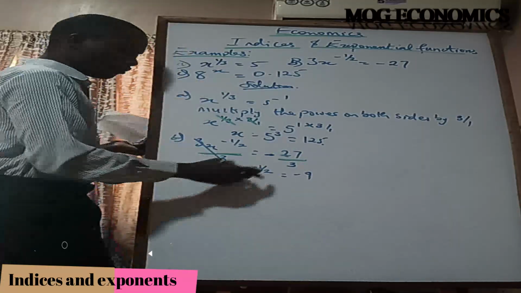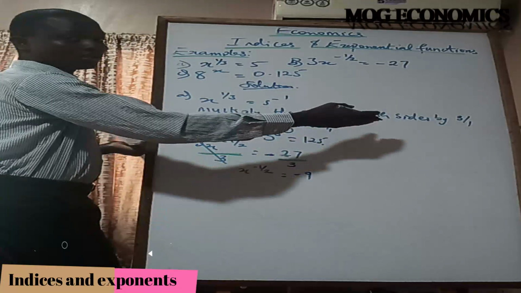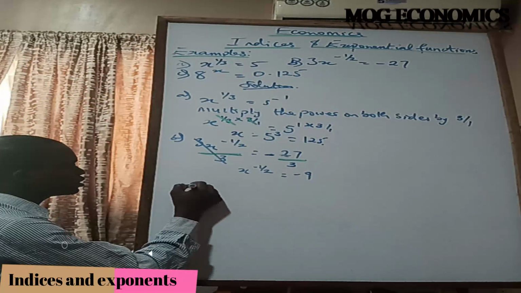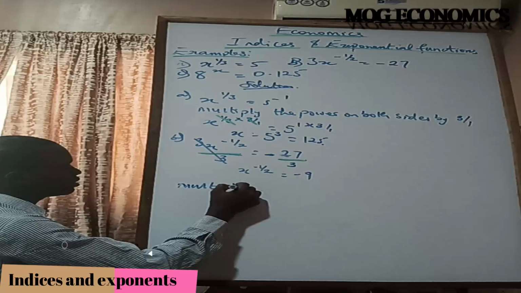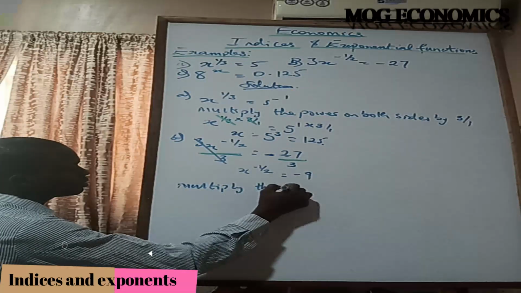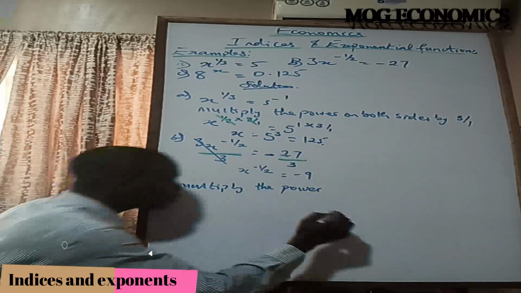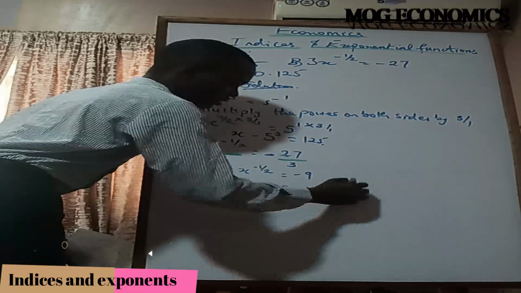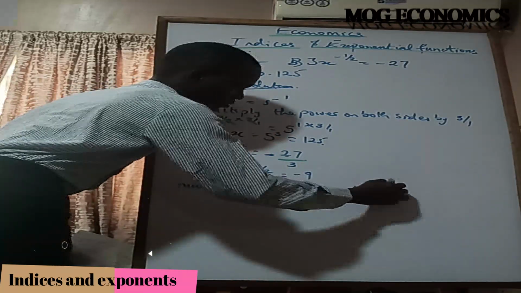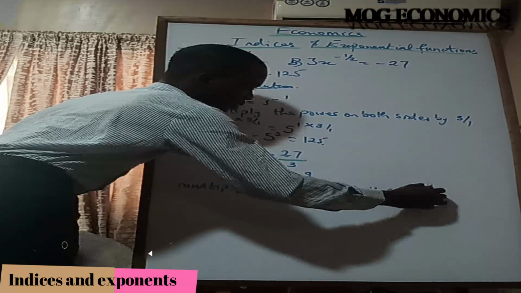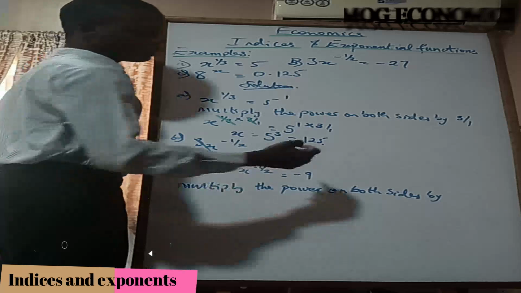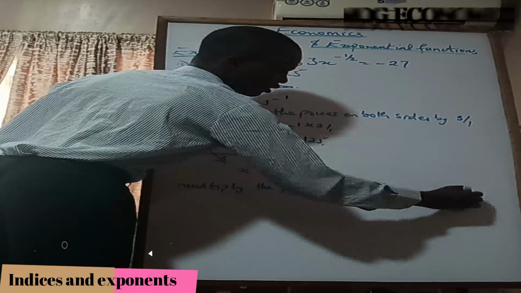Okay, from here, the same thing that we did on that side: multiply the power, or multiply the index, on both sides by the inverse of minus 1/2, which is minus 2/1.